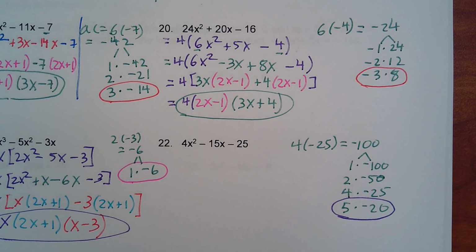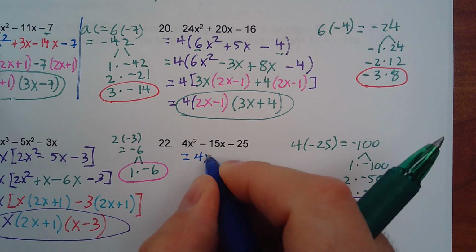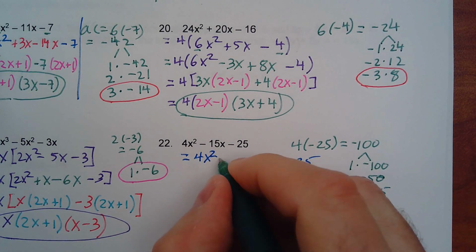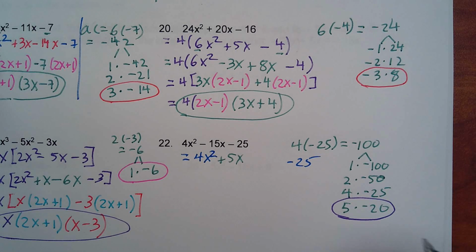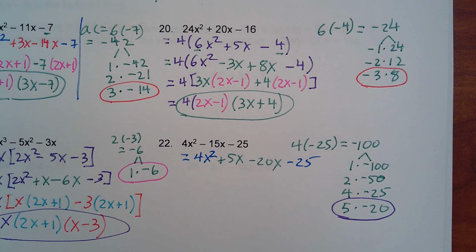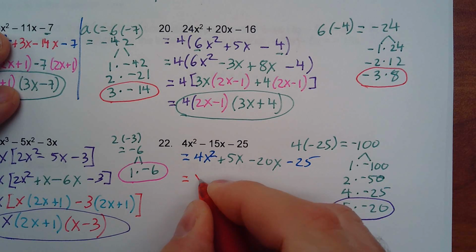So now I'm going to rewrite that middle term using those numbers there. Looking at my first two terms, I have a common factor of x, so I'm going to factor that out.